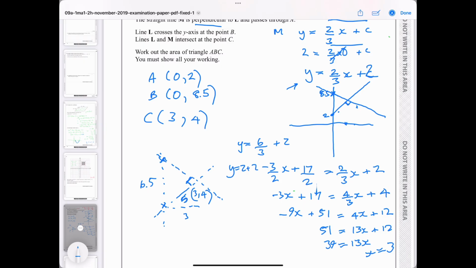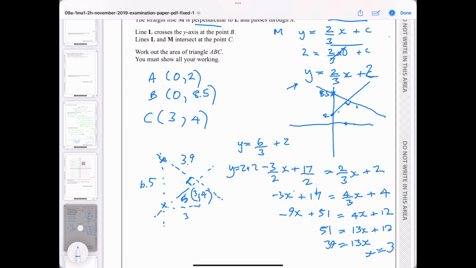Okay, and then, because that's between there and there, this one here would be 3.9.